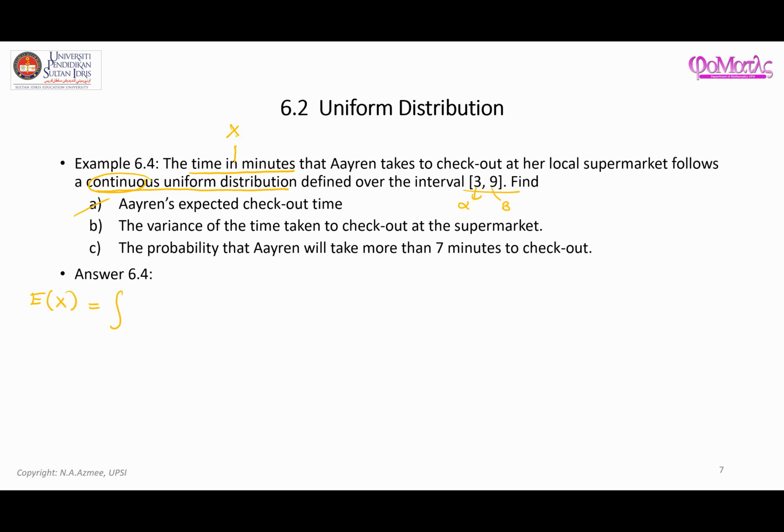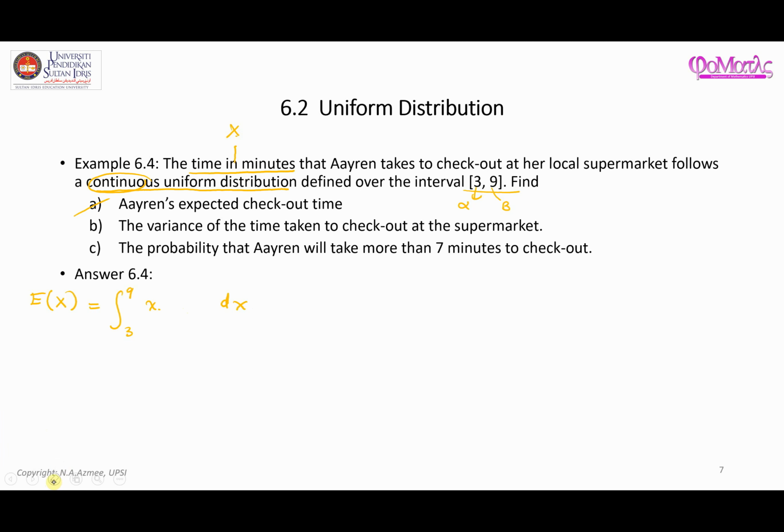Very simple, which is the integral of x times fx dx, and the limit is from lower limit to upper limit, and in this case is from 3 to 9. Okay, and maybe I just replace straight away what is fx.